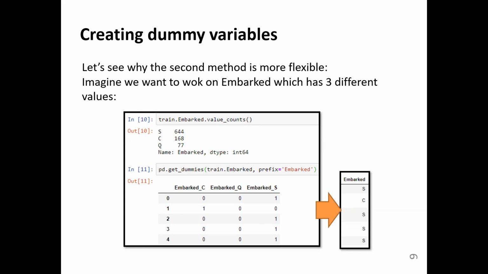Question for you. Is it possible to convert these three values into dummy variables? The answer is yes. Simply you just say pd.get_dummies, and then train.embarked, fetch that, convert it to a dummy variable, and then use prefix embarked. So it's going to be embarked underscore S, underscore C, underscore Q, something like that.